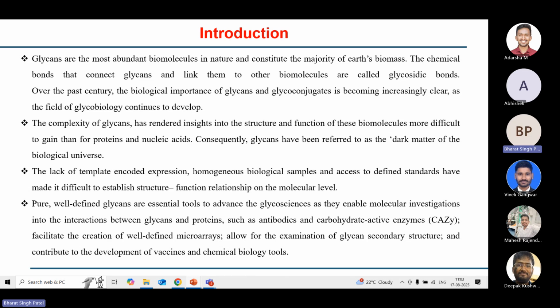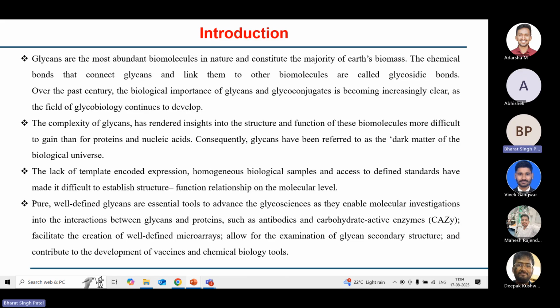Because the glycans present in biomolecules have different compositions of sugars and stereochemistry, and that stereochemistry and composition can be achieved by modification of the monomer glycosides. Once we have the glycans or glycoconjugates, they can be utilized for several biological applications.